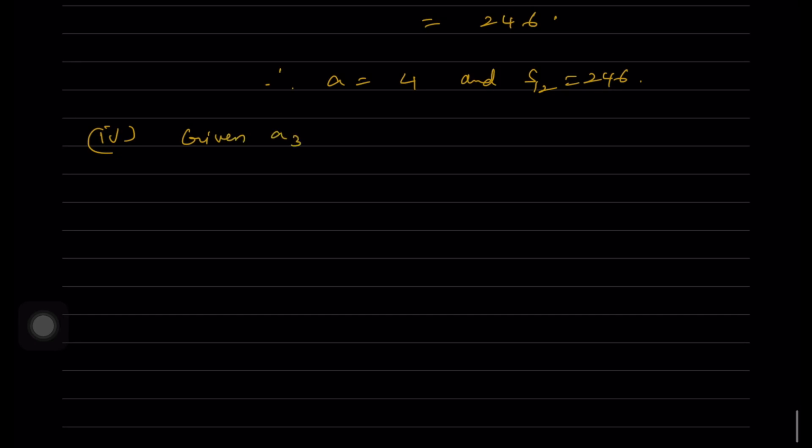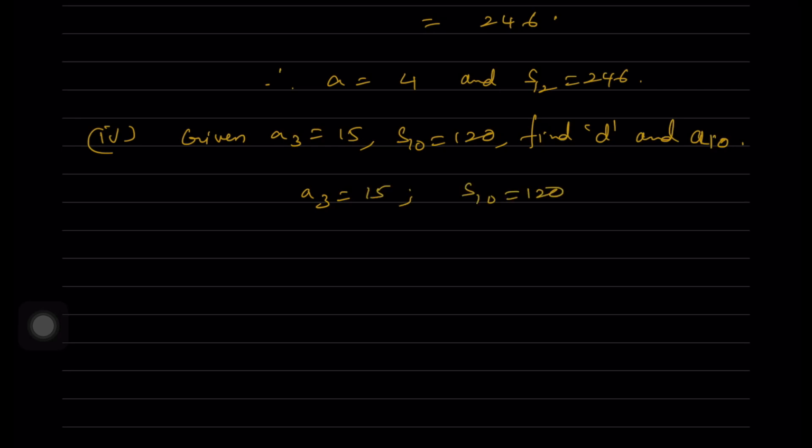Given A3 is equal to 15, S10 is equal to 120. Find D and A10. So now here again we are given that A3 is equal to 15 and S10 is equal to 120. So we'll write down what is A3 equal to, then what is S10 equal to. A3 is equal to A plus 2D.